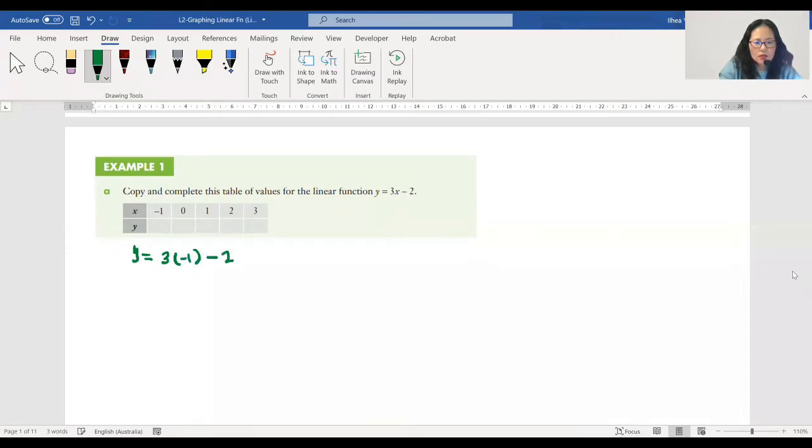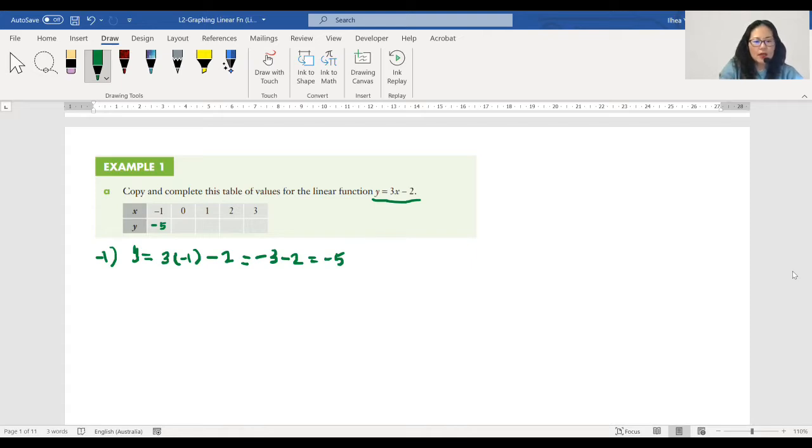So we're going to use this equation, y equals 3x minus 2. It's not just an equation, it's a linear function, linear equation. So when we do that, it's minus 3 minus 2, so it's minus 5. So my answer here is minus 5.